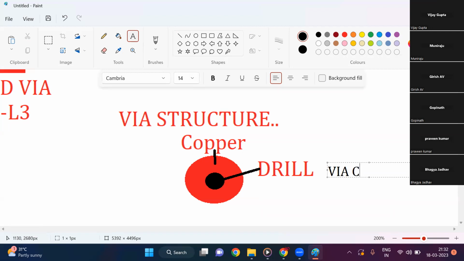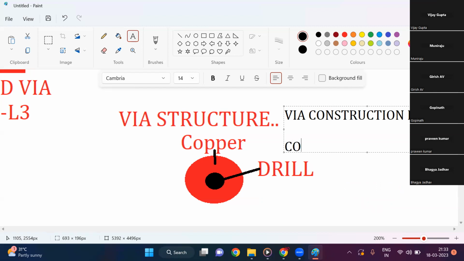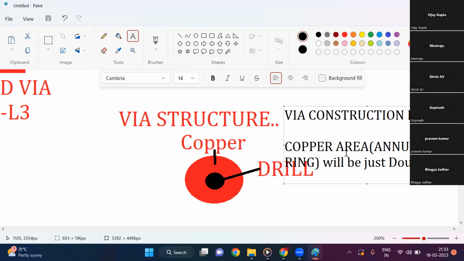Via construction: the copper area is called the annular ring, and it is just double the drill diameter.